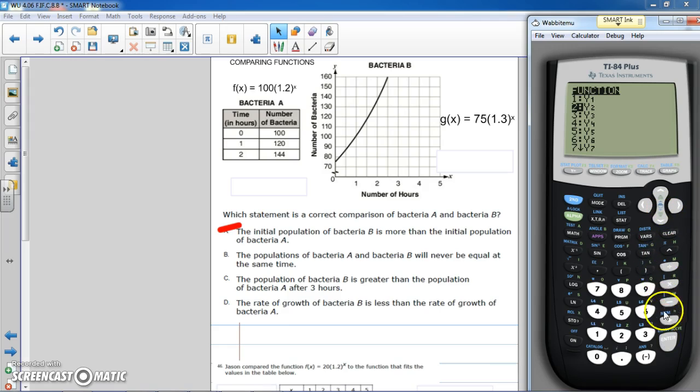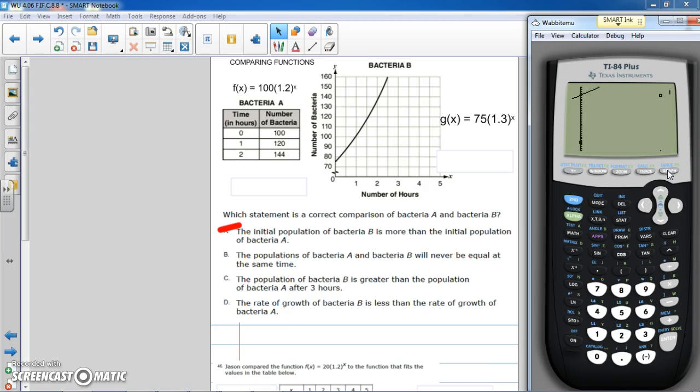So I'm going to change this to y2. y1, y2, all that stuff, that's just y equals. You're just deciding where to put that function in y equals, okay? So I'm going to put this bacteria B function in y2, so I don't have to clear out bacteria A's function. So I'm going to hit enter, and then I'm going to hit graph.